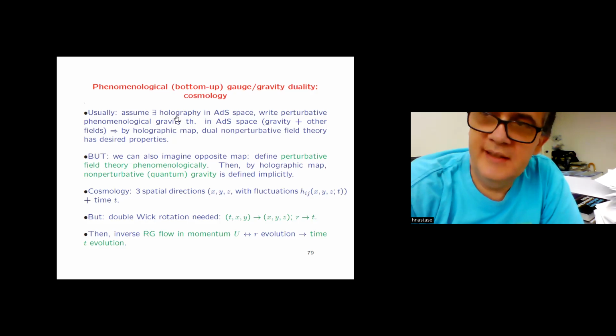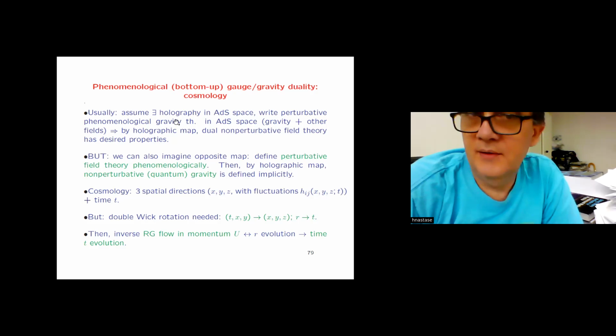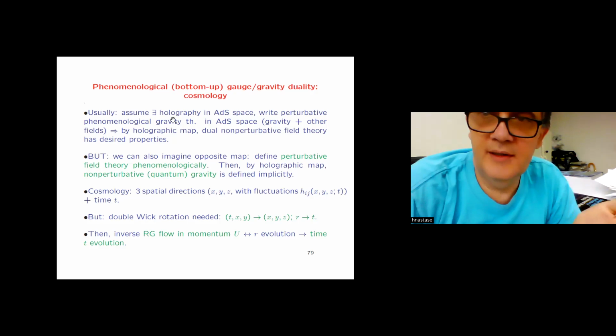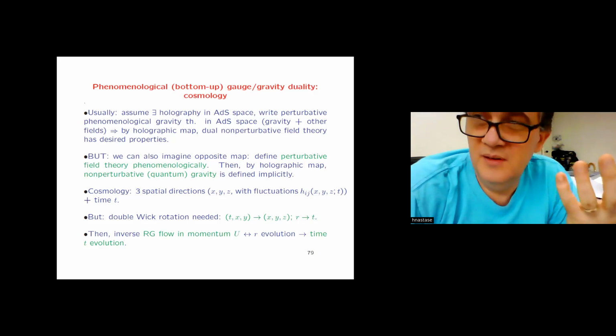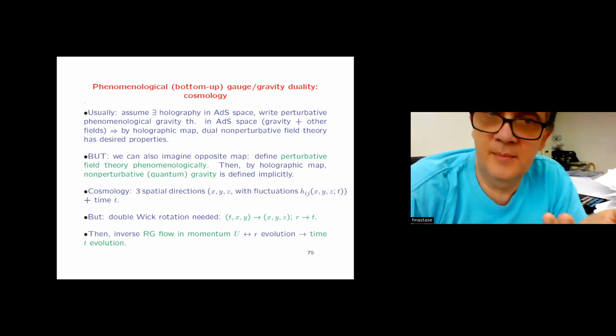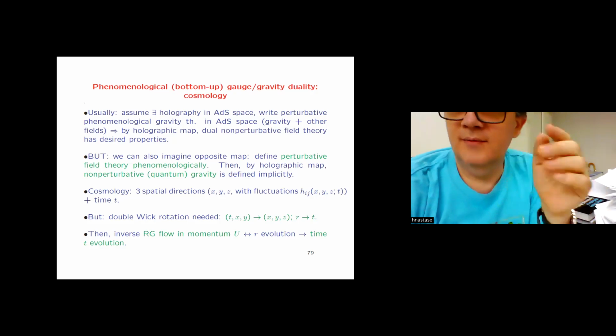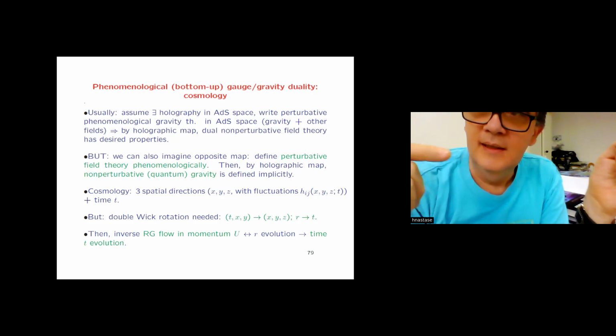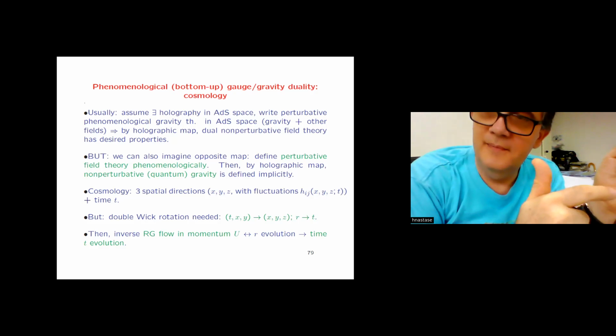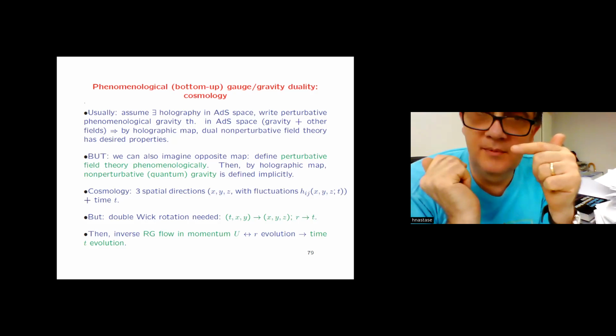The example that we considered last time for AdS/CMT was that we considered some gravity theory in AdS space, and we assumed there is holography, and therefore, by the holographic map, we obtain a dual non-perturbative field theory that we actually don't know in general, but we know its desired properties through the holographic map. So the phenomenology was going from AdS towards field theory. But now we want to go the opposite way.